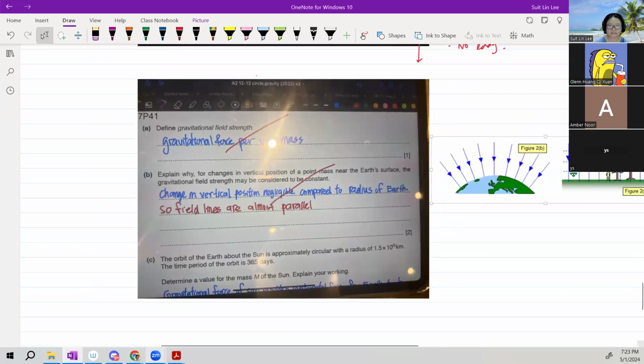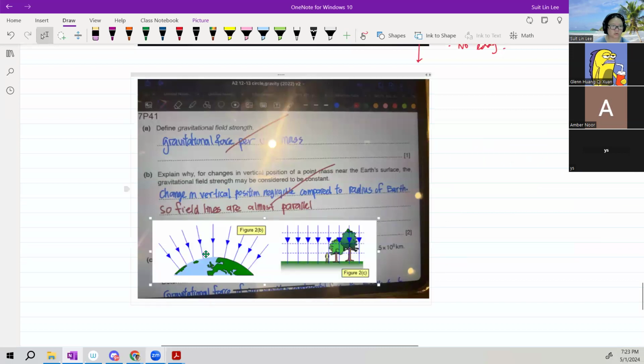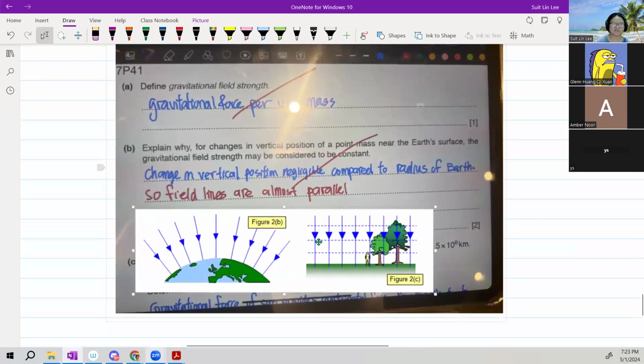Okay. So if I zoom into the surface, you can see they are almost parallel, right? If they're almost parallel, can I say that the line separation is the same? Can I say the line separation is the same?